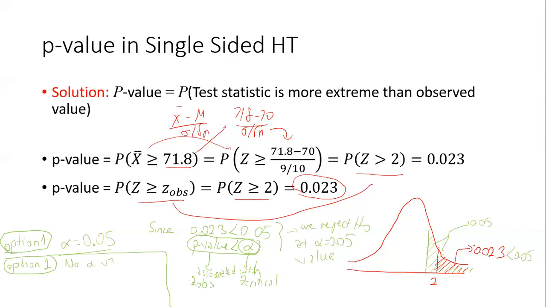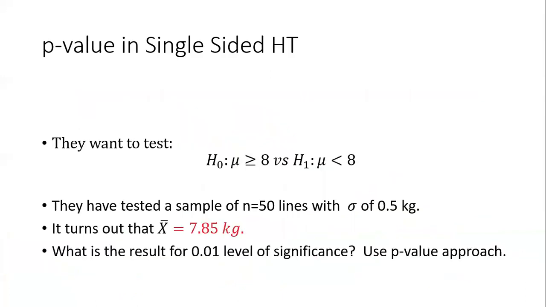Then the rule of thumb is, if the p-value is smaller than 0.10, you can reject the hypothesis, reject H0. In general, we assume that 0.10 can be used as a threshold for the p-value to reject the null hypothesis.